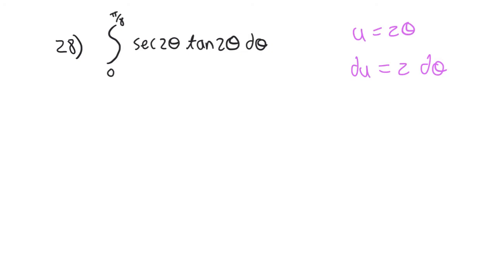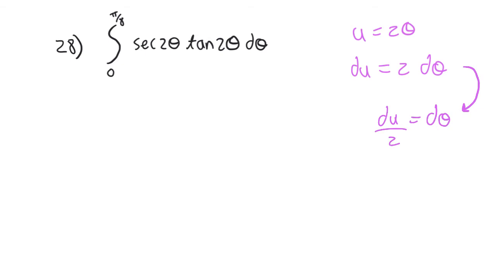Now, the way that my student and I just discussed to proceed from here might be different than what some teachers teach, but we're going to do it this way because it's probably less confusing. What we could do here is this extra move where we solve for d theta. And that's going to become du over 2.